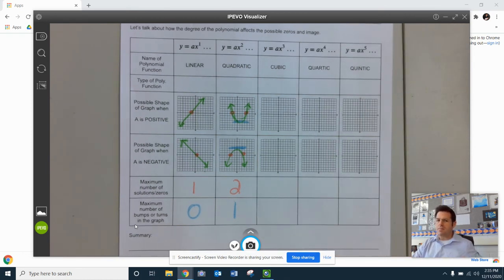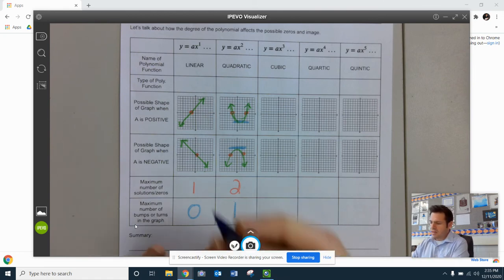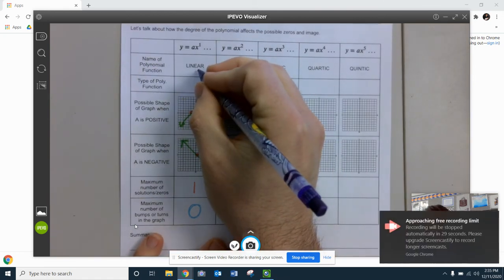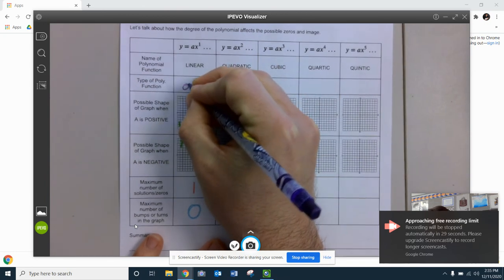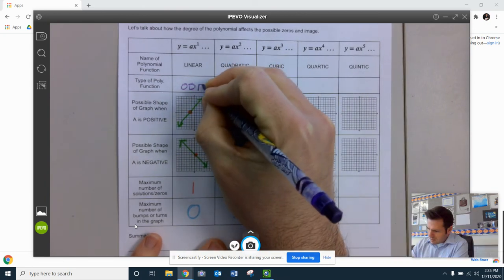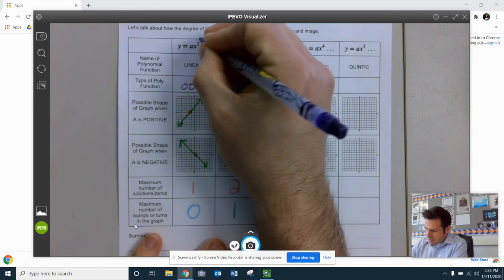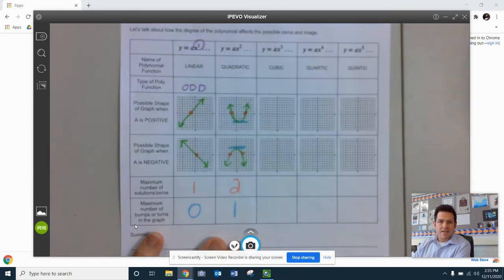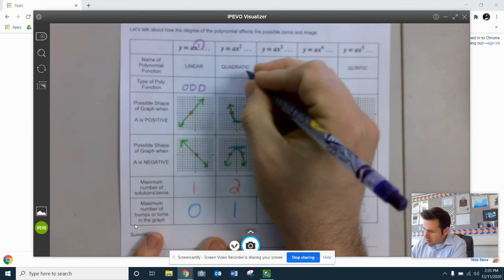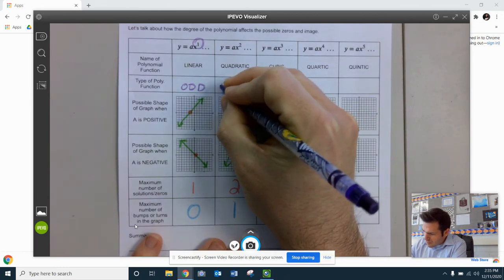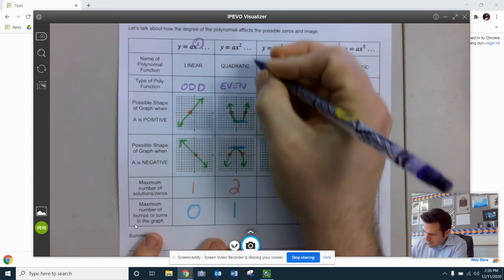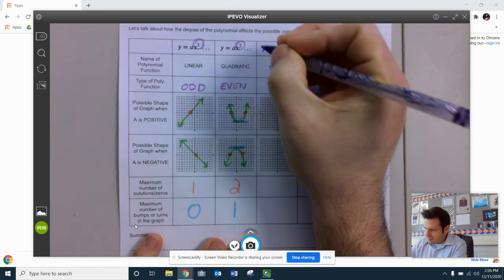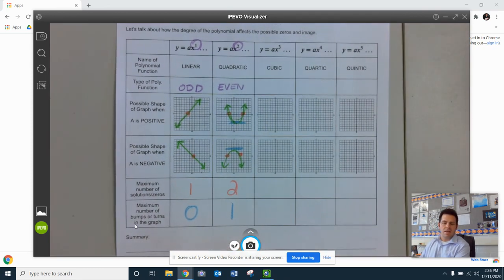The way that we can base that on, or at least take a look quickly at this, is that linear is odd, right? So our exponent here is 1. That is an odd number. And our quadratic would be a polynomial that has an even exponent.